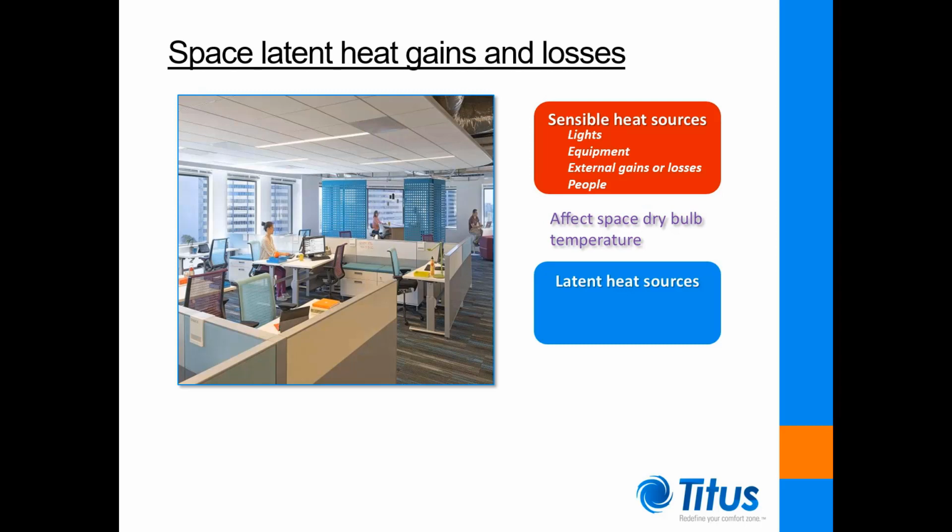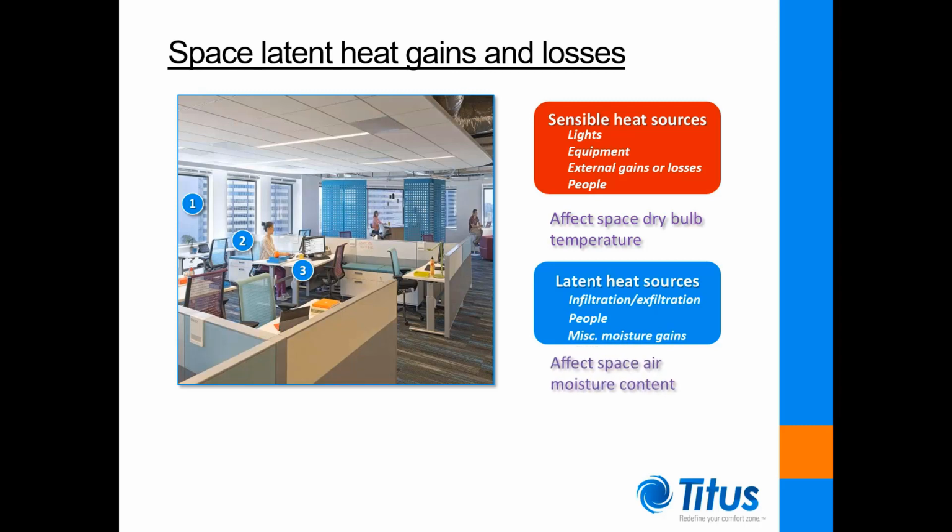There are also a number of latent heat contributors within the space. Infiltration or exfiltration through the building exterior walls and windows typically involves moisture transfer as well, and as such affects the space latent heat loads. In addition to being a sensible heat contributor, people add moisture to the space by means of respiration and perspiration.